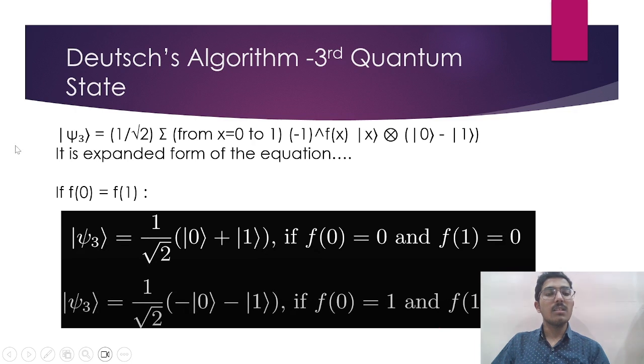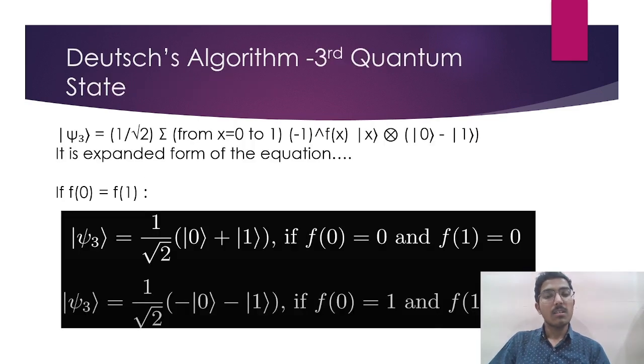After that, the expanded form of the equation is given above. If f of 0 is equal to f of 1, then the third quantum state is equal to 1 by root 2 of 0 qubit plus 1 qubit, if f of 0 is equal to 0 and f of 1 is equal to 0. And the third quantum state is equal to 1 by root 2 of minus 0 qubit minus 1 qubit, if f of 0 is equal to 1 and f of 1 is equal to 1.